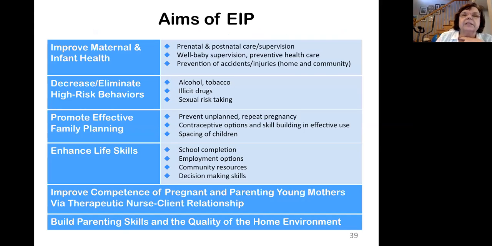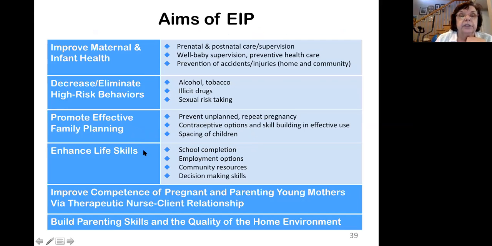So the way we were designed, our aims were to improve maternal infant health, decrease or eliminate high-risk behaviors, promote effective family planning. That's particularly difficult on the spacing of children. We found teen moms had a life plan for themselves that often included having another child within a couple of years.